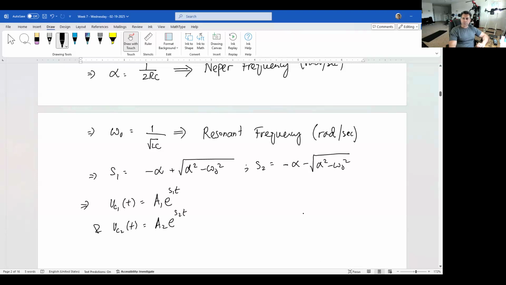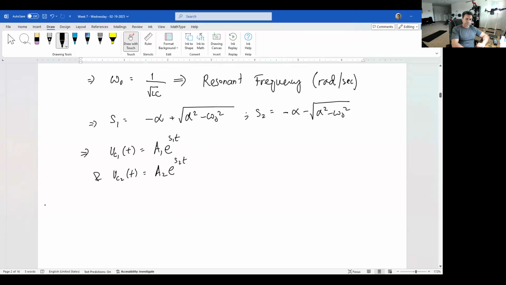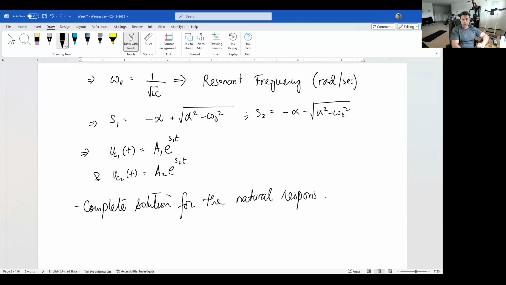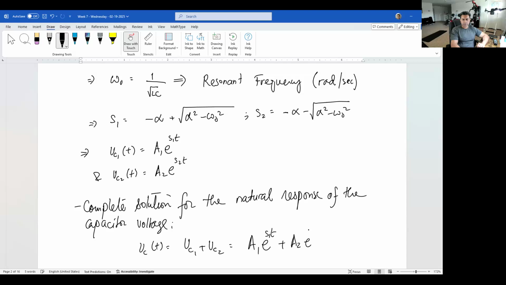The complete solution is going to be the sum of both. The complete solution for the natural response of the capacitor voltage is going to be Vc(t) equals Vc1 plus Vc2, or A1 e to the power S1t plus A2 e to the power S2t.